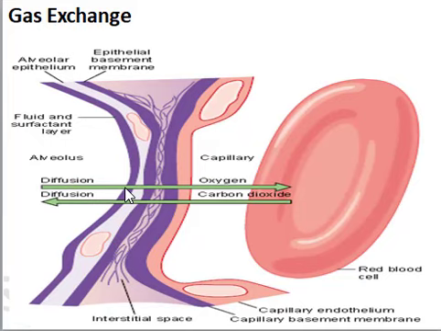It consists of one layer of epithelial cells of the alveoli, the basement membrane, then interstitial fluid between the alveolus and the blood vessels, then the basement membrane of the blood vessels, and then a single layer of endothelial cells, then the plasma within the blood vessels, and then the blood cell containing the hemoglobin.